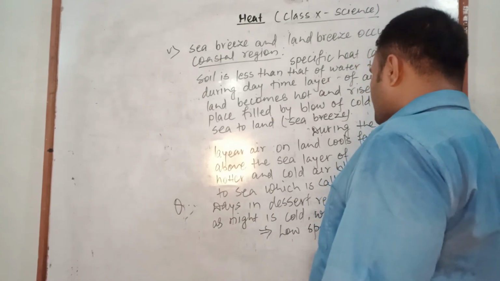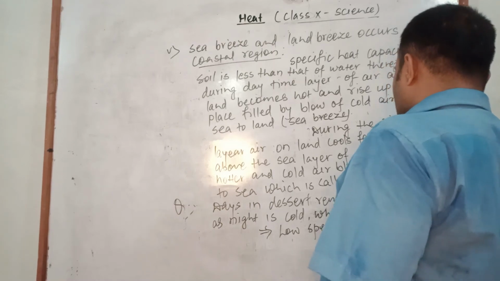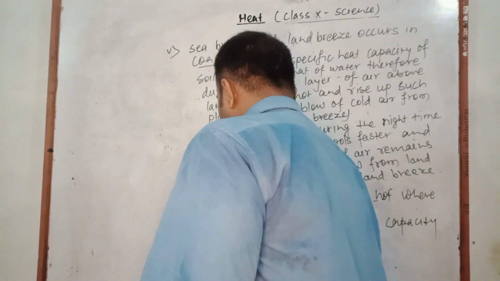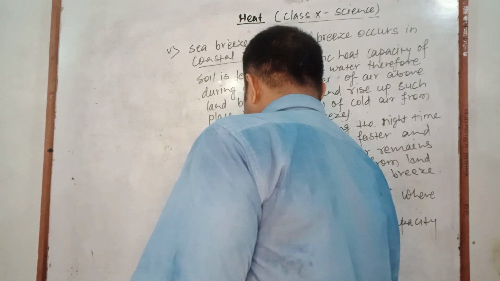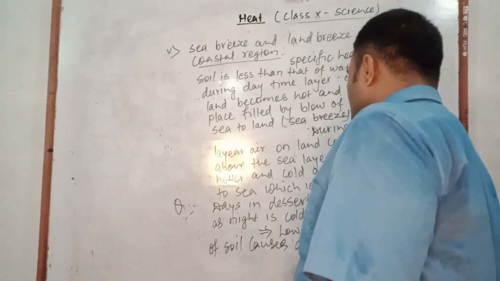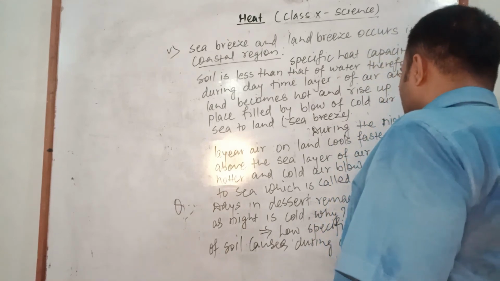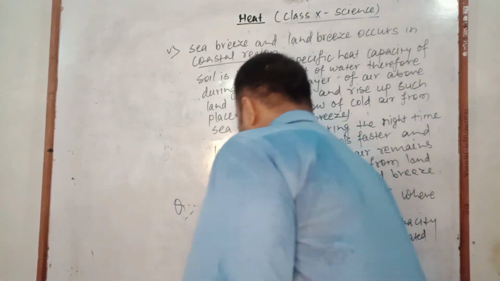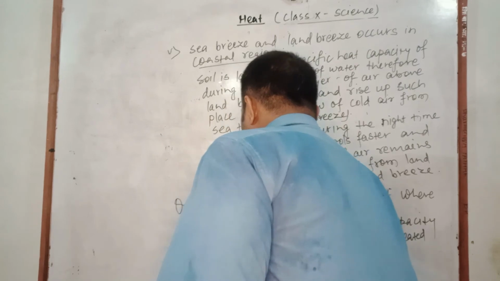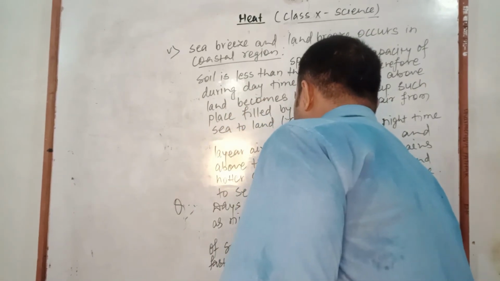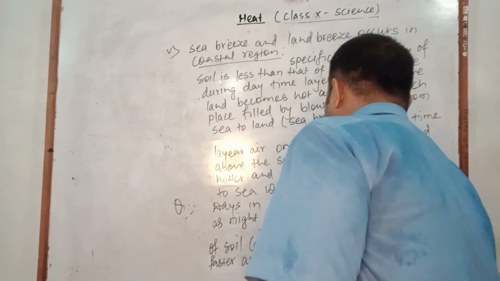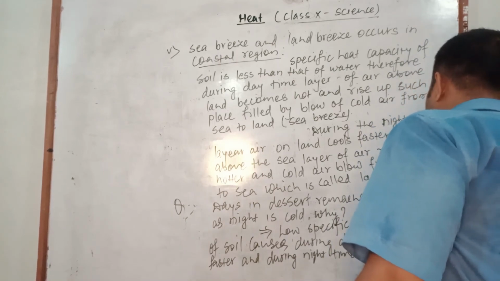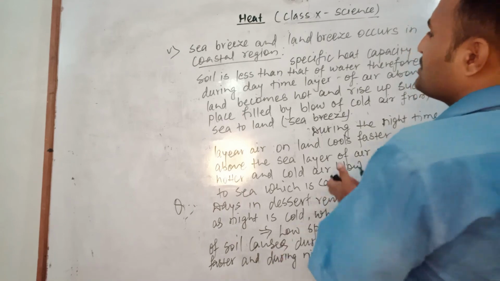Low specific heat capacity of soil causes it to heat faster during daytime and cool faster during night time, so the day remains hotter and the night remains cold.